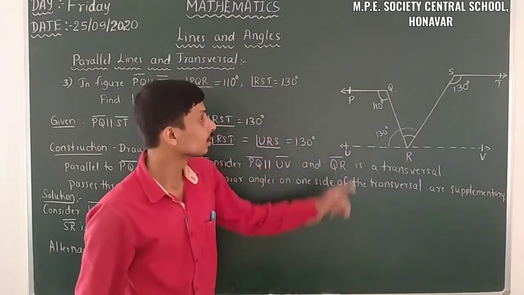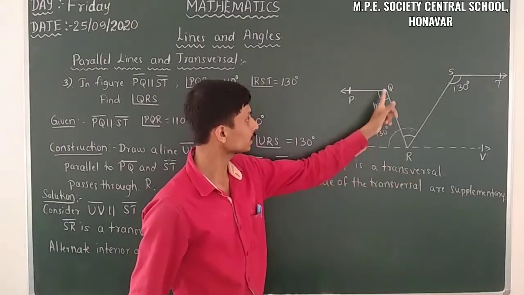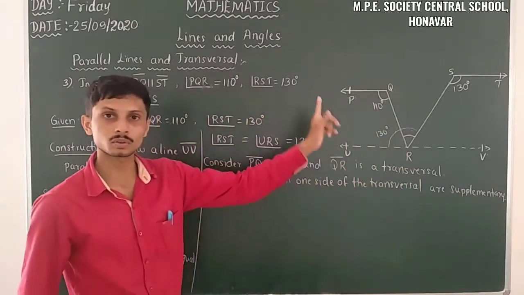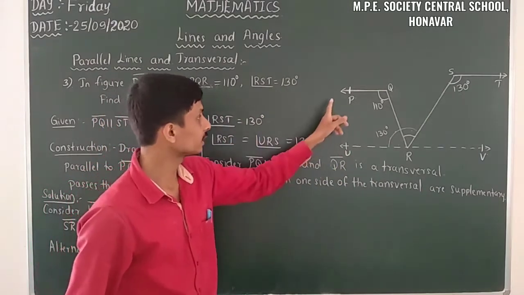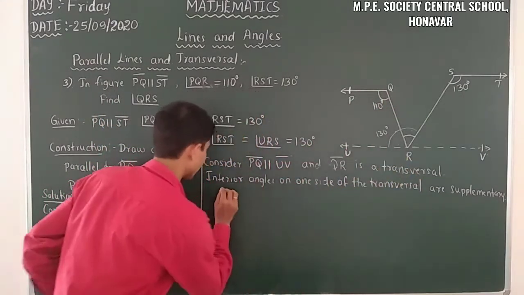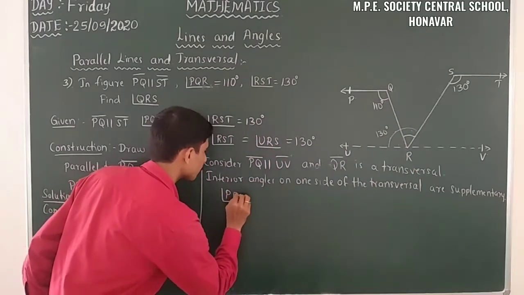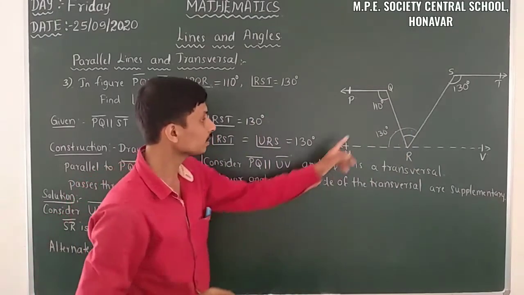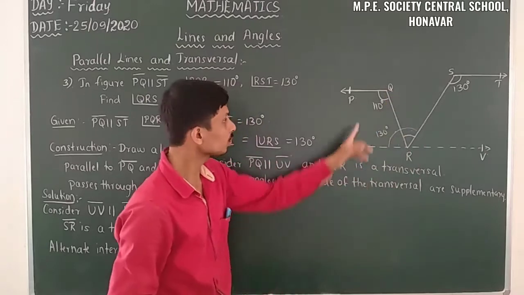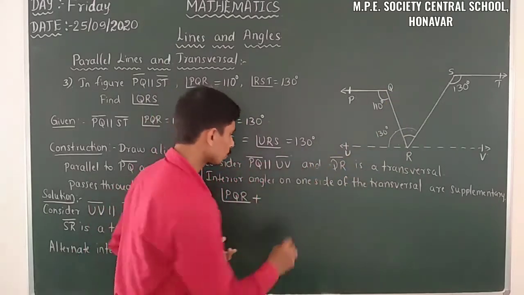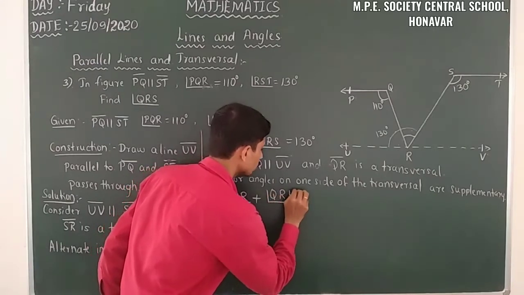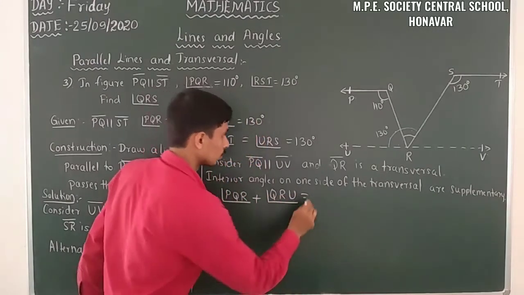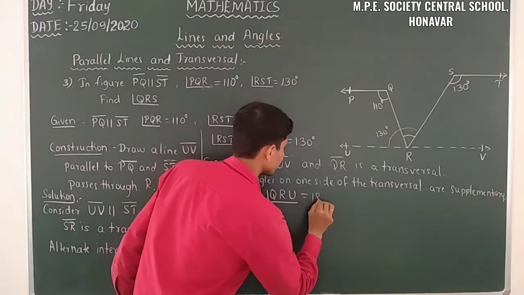So then we have angle PQR plus angle URQ, or QRU, both are possible, equal to 180 degrees.